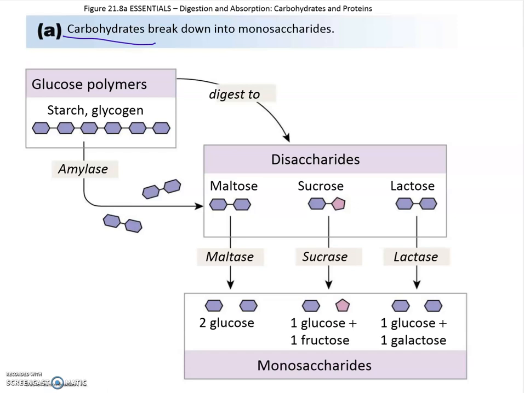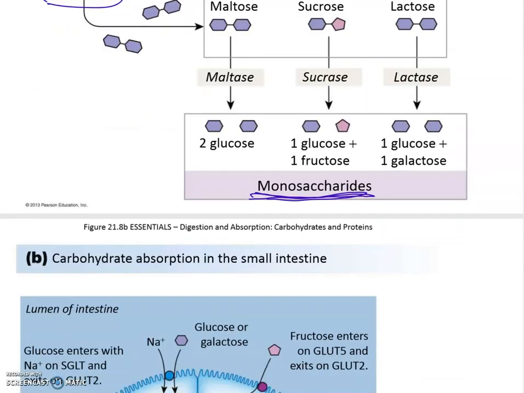These are polymers of simple sugars. We're using the enzyme amylase to break them down to smaller and smaller subcomponents until we're arriving at monosaccharides. That's what you want. First, you would have disaccharides and then eventually monosaccharides. So glucose, fructose, galactose, these are all monosaccharides that then can be absorbed.